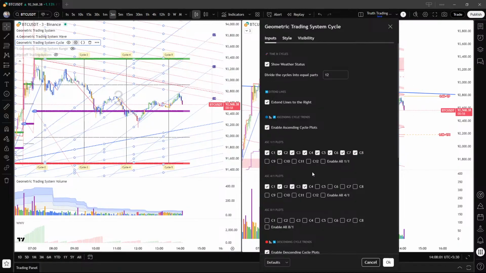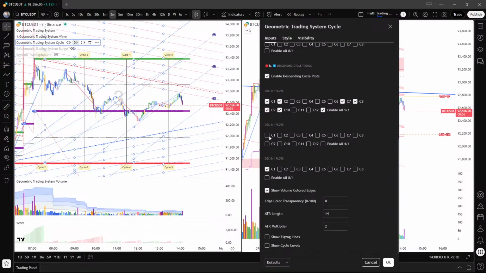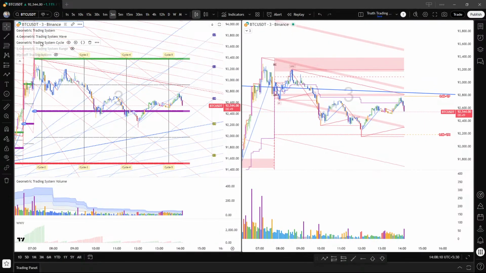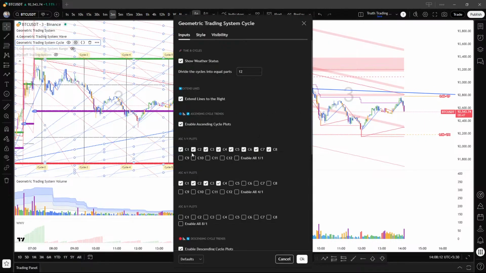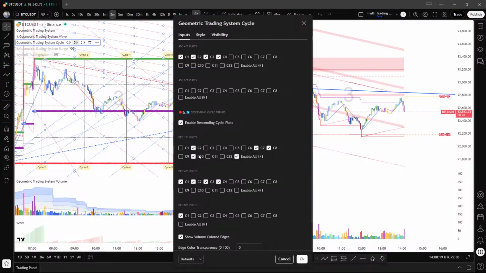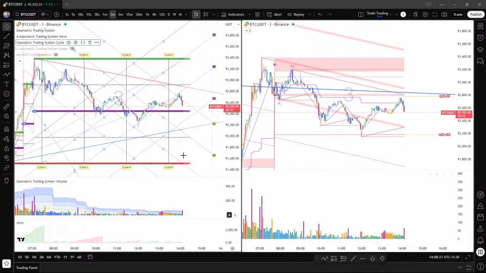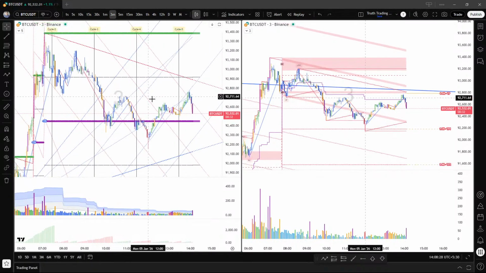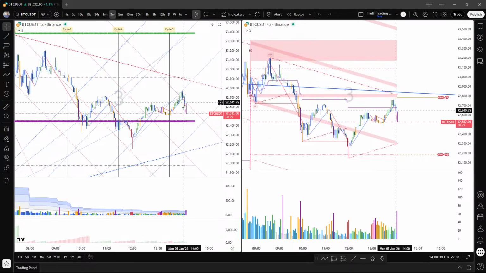You see it's coming down. So let me see if we can find that. Yeah, it's right in this one. So we see as soon as this trend line hit, the wave volume turned down.